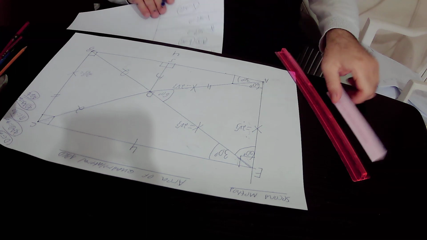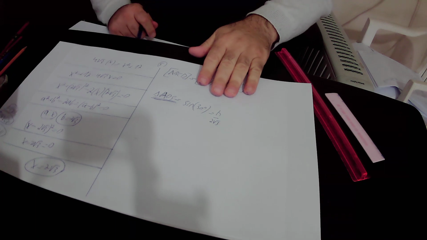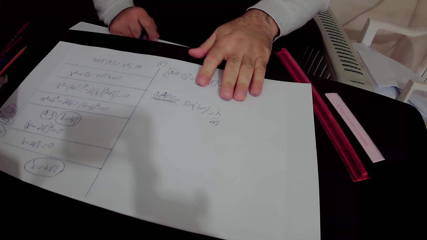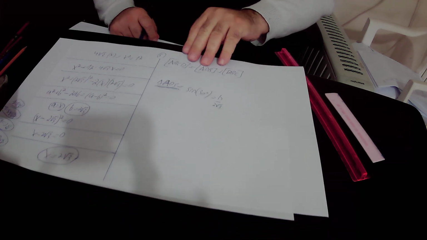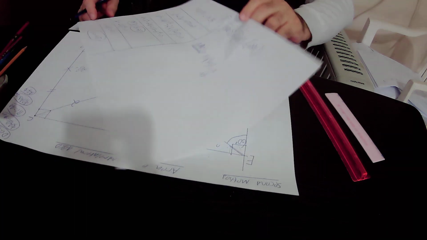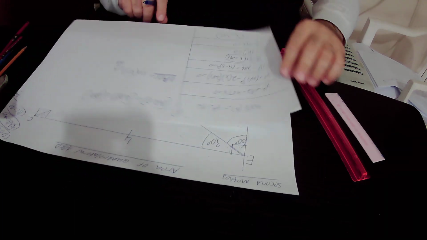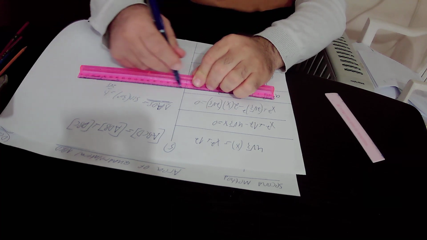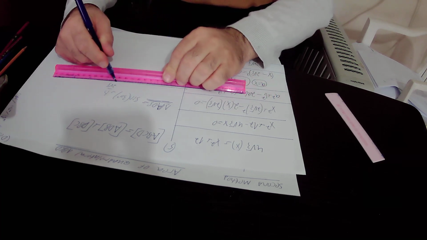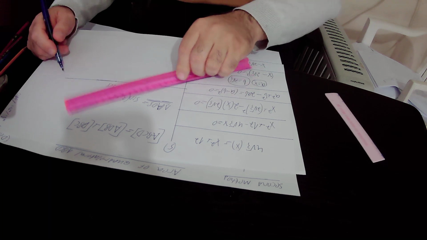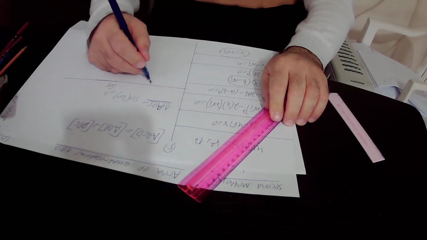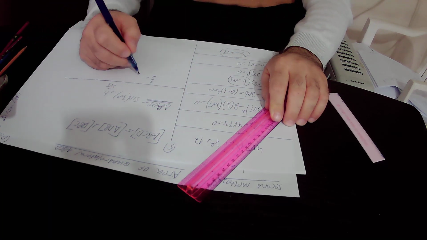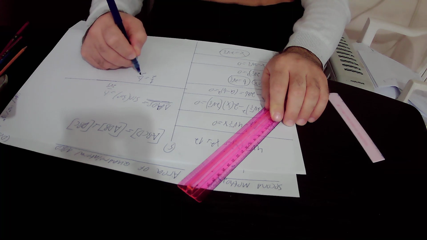I repeat again. In the right triangle ADS, sine 30 degrees equals h over 2 times square root of 3, and sine 30 degrees is 1 over 2. 1 over 2 equals h over 2 times square root of 3.